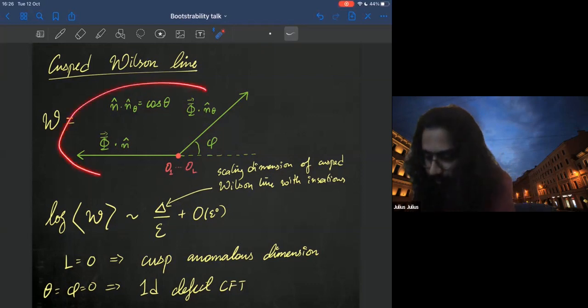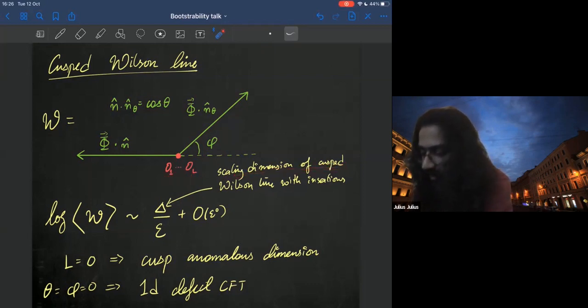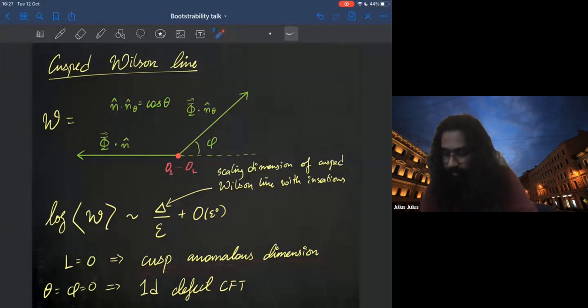Now, this observable in general diverges, and the divergence is controlled, in the case of scalar insertions, by the scaling dimension of the cusped Wilson line with insertions. In case you make no insertions, it is just controlled by the cusp anomalous dimension.